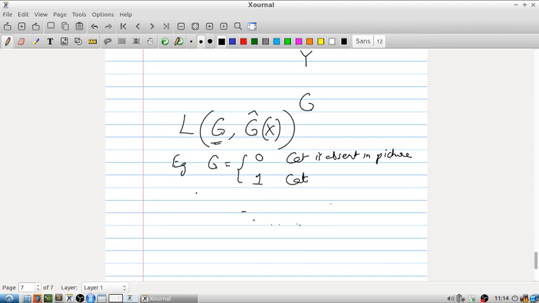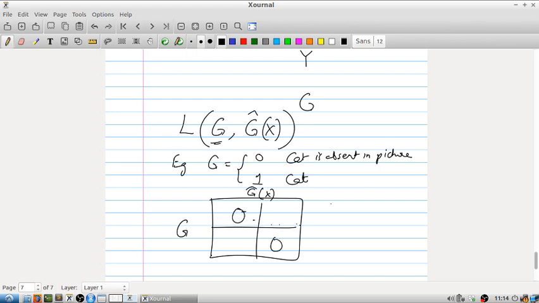Then you can see that this loss function can actually be specified using 4 numbers, which is what values G takes and what values G hat of x takes. If G is the same as G hat, maybe there is no loss, as in I am predicting correctly. Maybe I'll put zeros there.